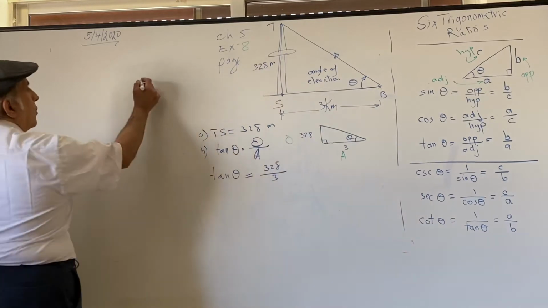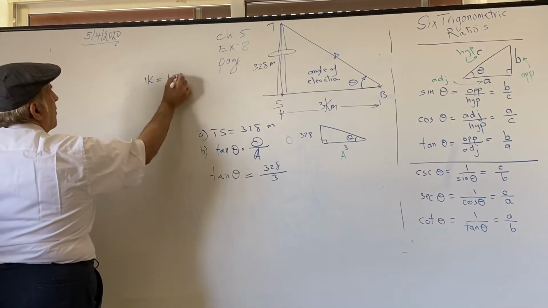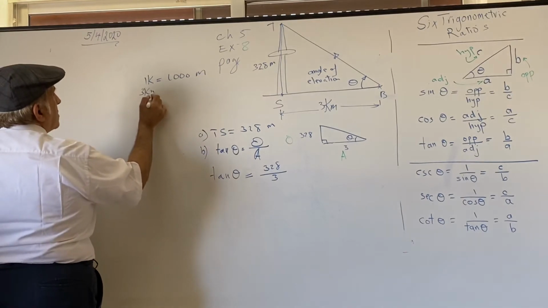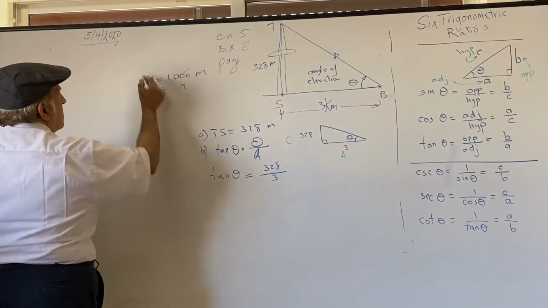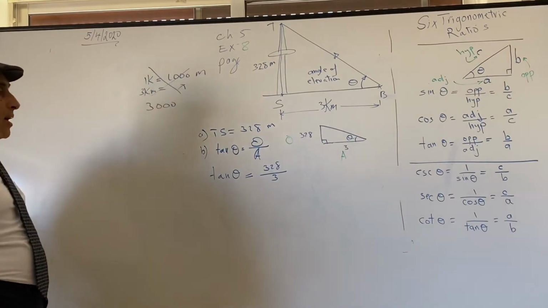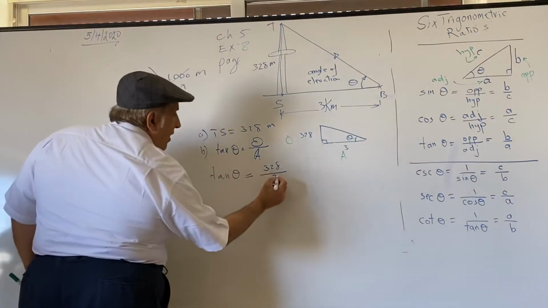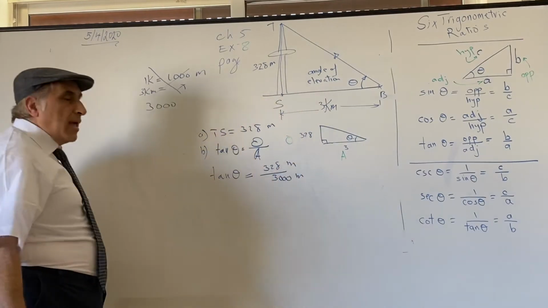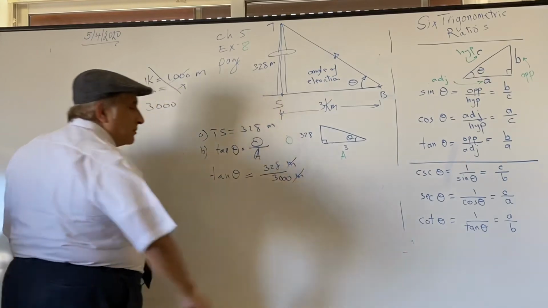We all know 1 kilometer is 1,000 meters. And I'm having 3 kilometers. How much is that? Cross multiply. The answer is 3,000. Aha. So I have to write this as 3,000 meters. This is 3,000 meters. And the meters cancel out.